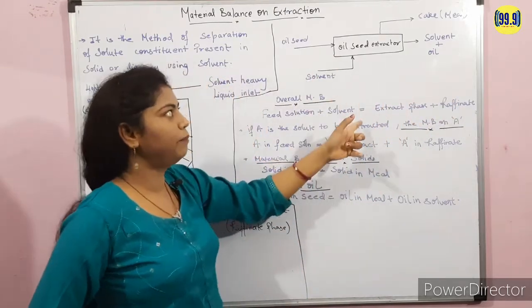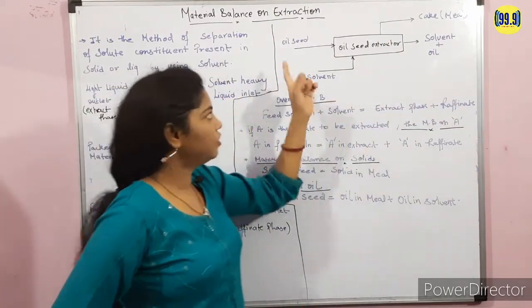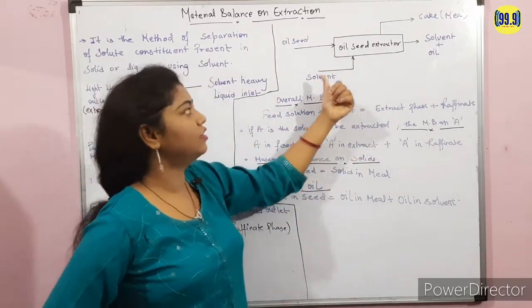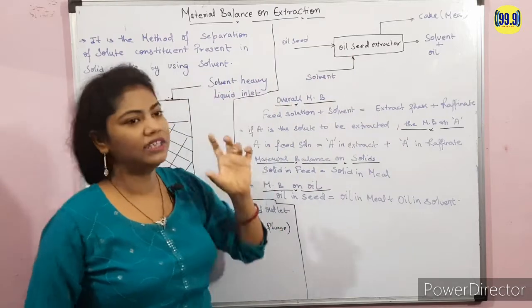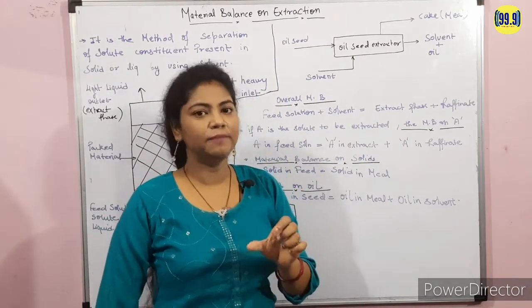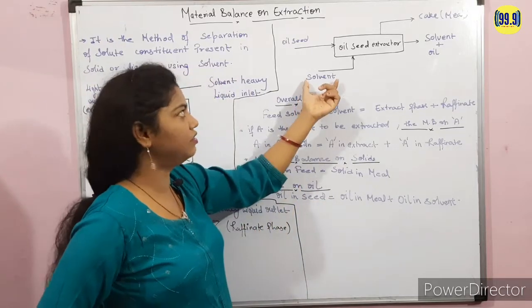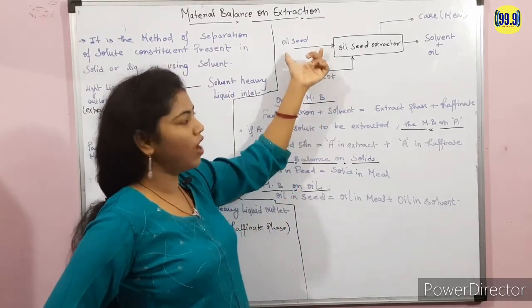We have two inputs and two outputs. We insert the oil seed from here and we insert the solvent. Basically, oil seed contains some amount of cake and oil, and the solvent removes the oil.